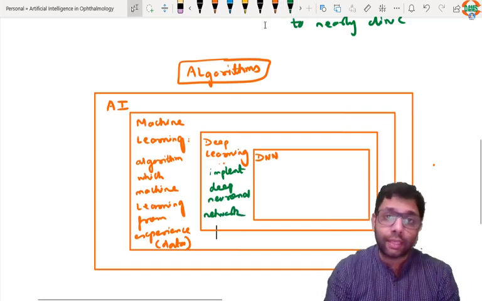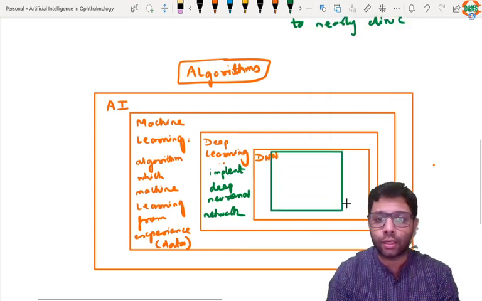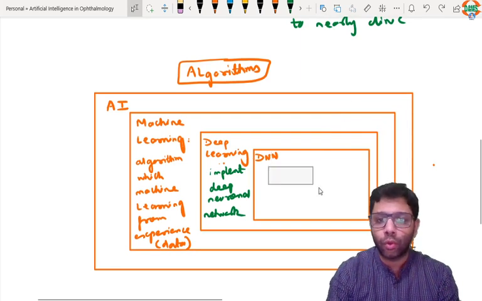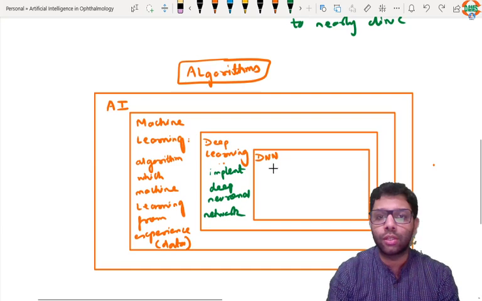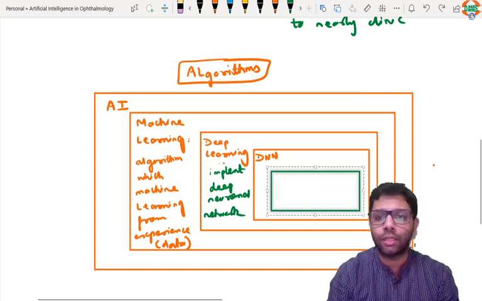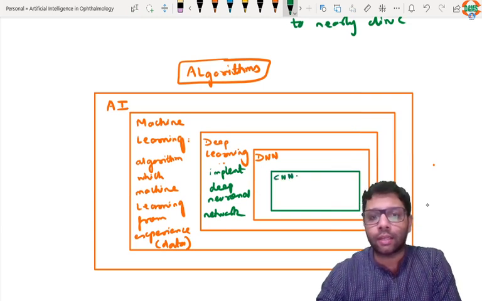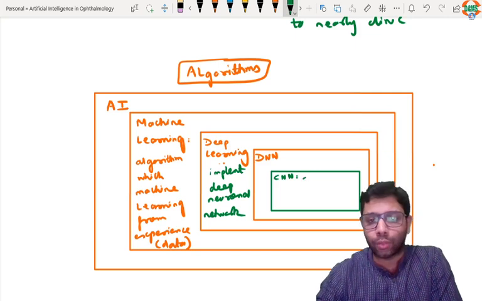And this DNN ultimately includes another subset, the one which is used in ophthalmology most commonly to create algorithms, which is known as CNN. CNN is convolutional neuronal network.